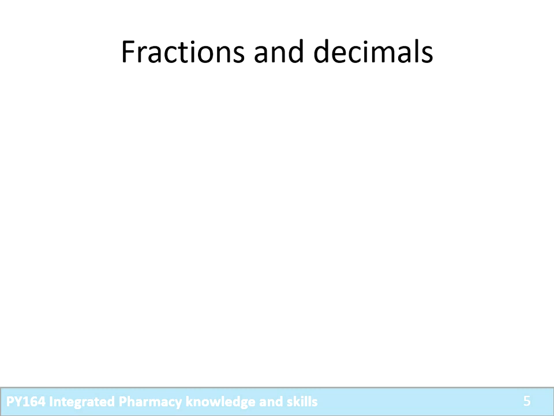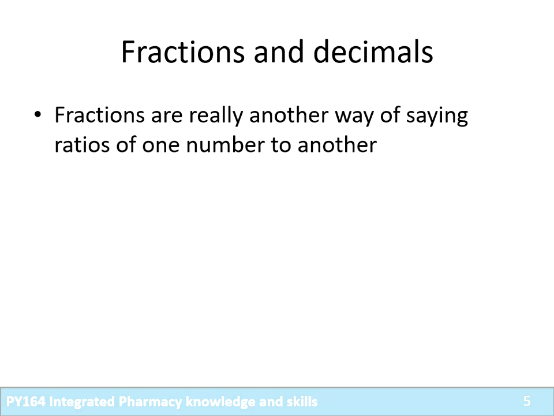Okay, so we've looked very briefly at what proportional sets and fractions are. Well, fractions are really another way of saying a ratio of one number to another. So what are decimals?